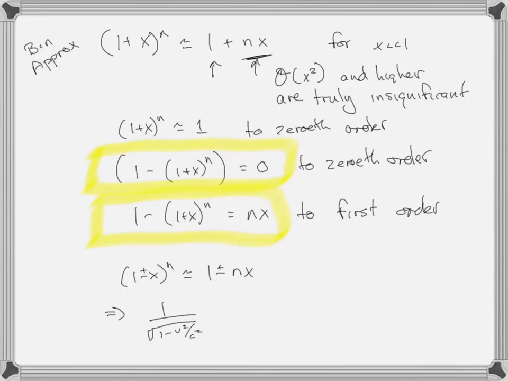What's that approximately equal to? Well, it's equal to 1 minus v squared over c squared to the minus 1/2. So therefore, it's approximately equal to 1 minus, you bring down the power, minus 1/2 v squared over c squared. And therefore, that is equal to 1 plus v squared over 2c squared. So that's how to do the binomial approximation.